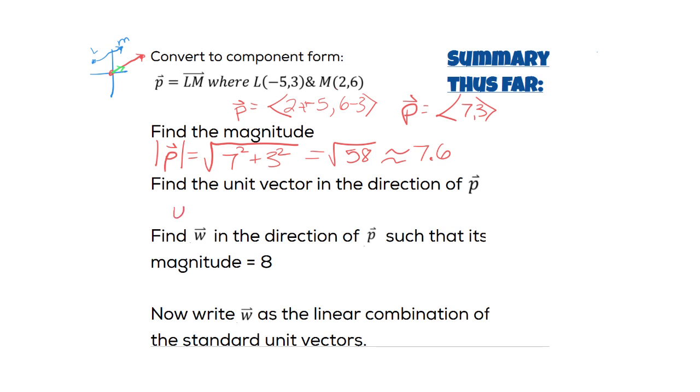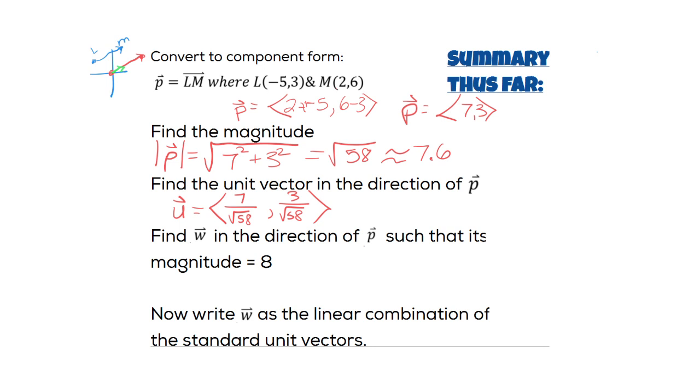Now this is a unit vector, so I'm going to use a U instead of a P, because the magnitude is going to change, so I can't continue to call it P. What we did is take the horizontal component and divide by the magnitude we found. And we were in luck because they let us keep it in this format. We did not have to rationalize. So this would be the vector that's in the same direction, but is only 1 unit long. We call it a unit vector.